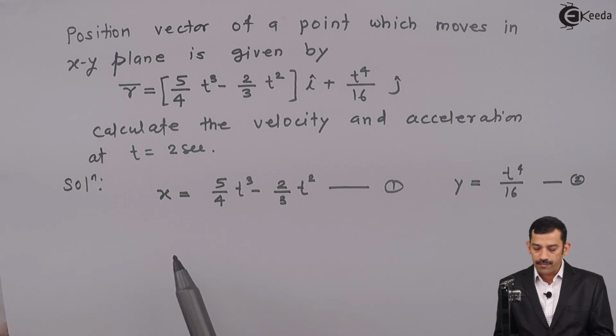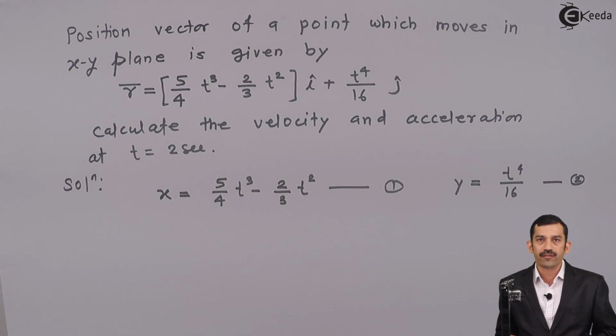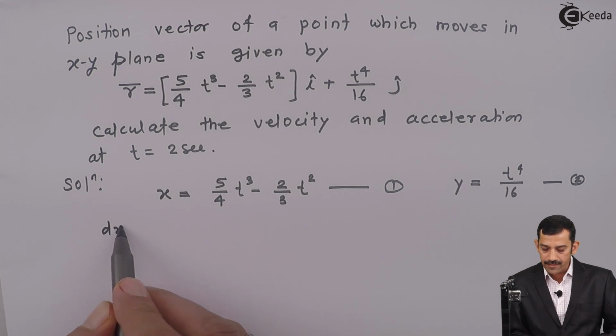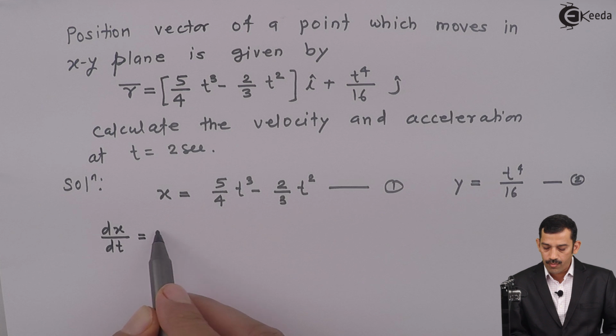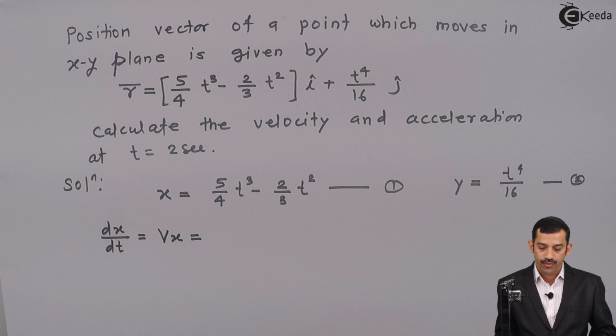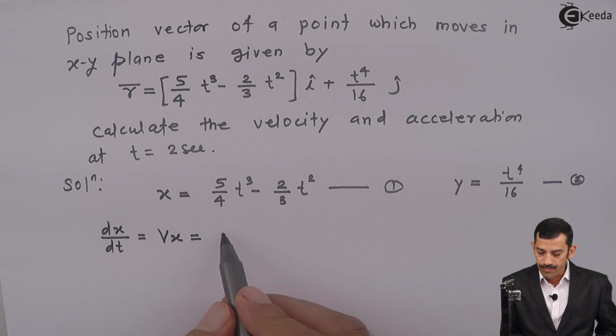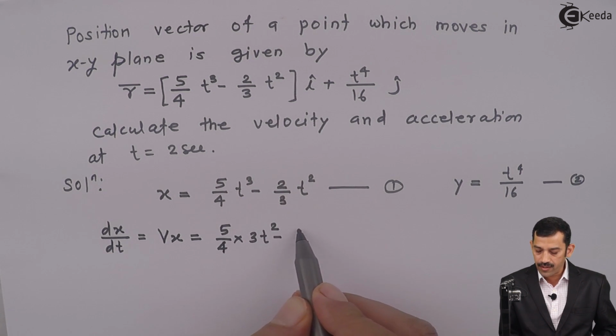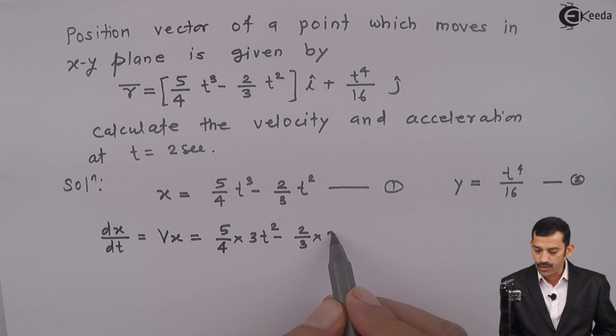If we differentiate x with respect to time t, we will get the component of velocity along the x-axis, and if we differentiate y with respect to t, we will get the component of velocity along the y-axis, in terms of time t. Differentiating equation 1, dx by dt equals the x component of velocity: 5/4 into 3t square minus 2/3 into 2t.